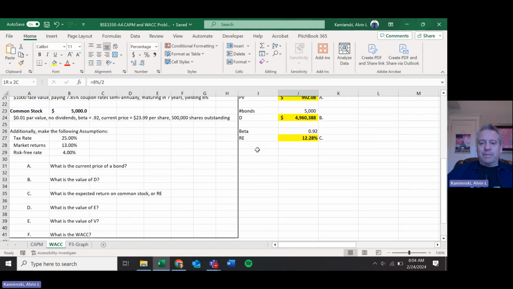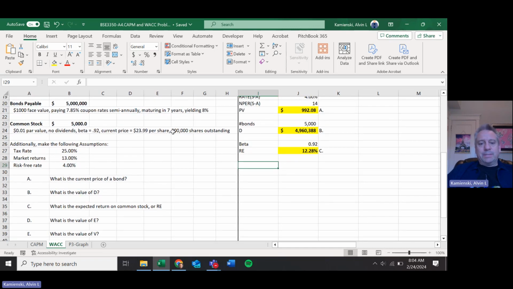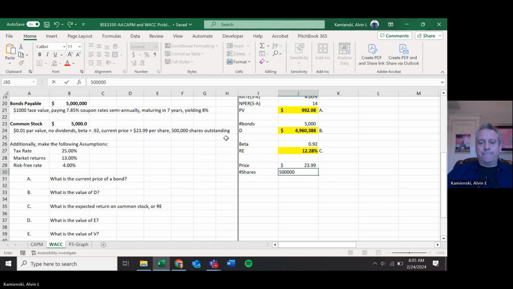Now that we have that, let's figure out what the market value of our equity is. Well, that is similar to what we did up above with our bonds, where we need to know the price of our stock. And the price is given to us at $23.99. And then same thing, we need to know the number of shares. So the number of shares is 500,000.